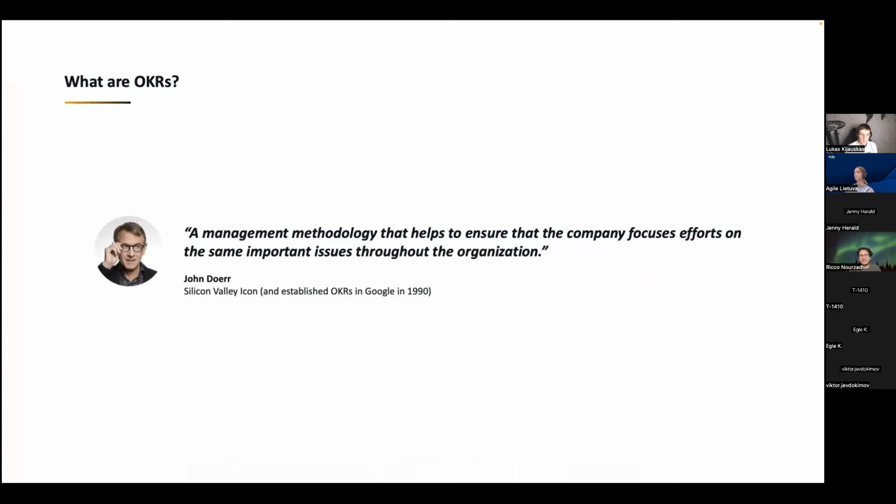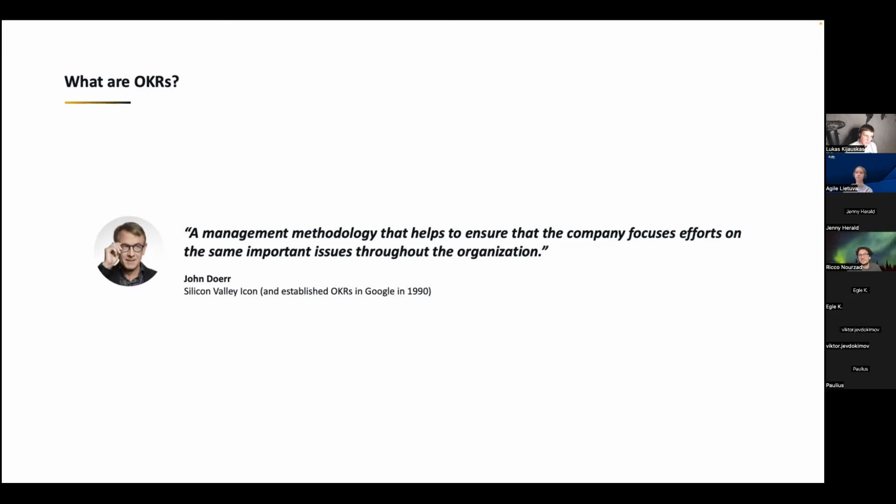I always like to start with the definition of OKRs. For me, one of the best definitions comes from John Doerr himself, the one who introduced OKRs at Google, in 1999. He says it's a management methodology that helps to ensure that the company focuses efforts on the same important issues throughout the organization. That's one definition. I think it's quite good already.